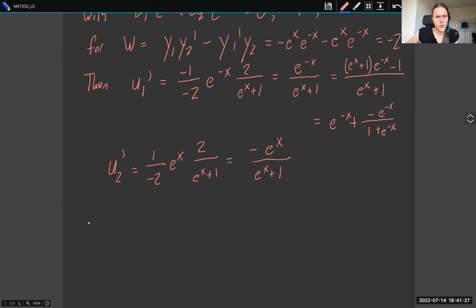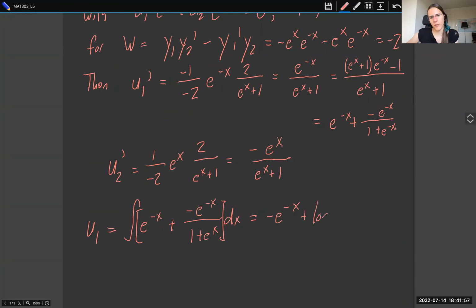So u1 is equal to, well, we're integrating e to the negative x plus negative e to the negative x over 1 plus e to the x. And so what we get for the first expression is just negative e to the negative x. And here we notice that the derivative of the bottom is the top. So that's going to give us a logarithm.